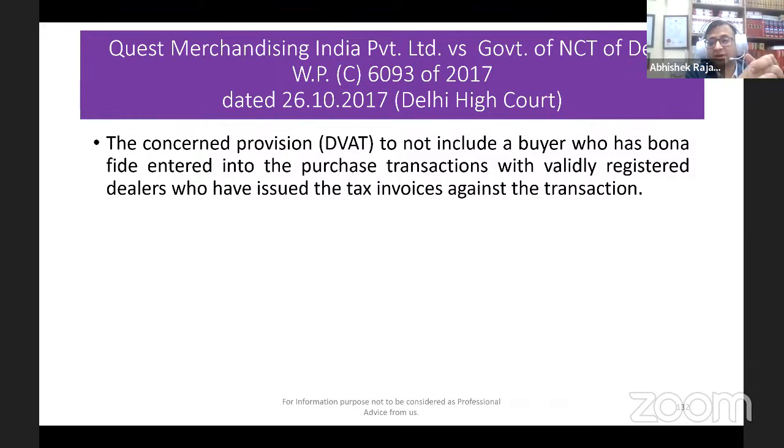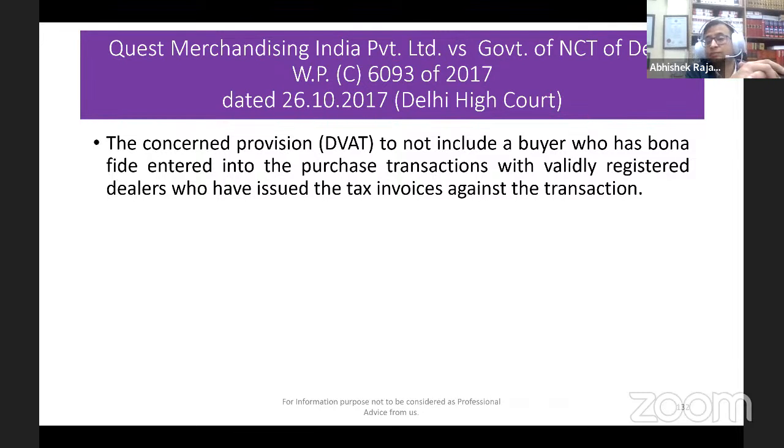Similar were the provisions in the Delhi VAT Act, where ITC was not allowed to the chain of suppliers. So the argument before the Honorable High Court of Delhi was whether ITC can be denied without independent investigation and without proving any collusion and connivance between the supplier and the recipient.